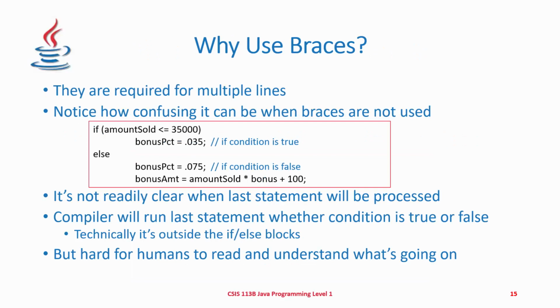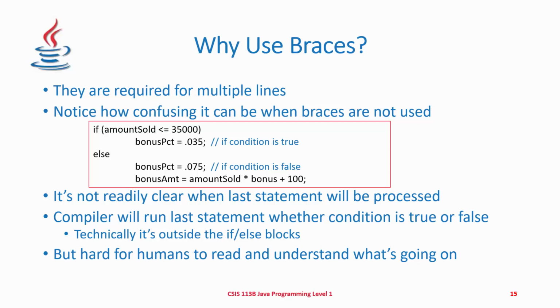Why use braces? Well, they are required for multiple statements. The example you can see will demonstrate to you how confusing it can be when the braces aren't used. So when you take a look at it, it could read: if amount sold is less than or equal to 35,000, if that's true, then go ahead and output the bonus percentage as 0.035, else output the bonus percentage as 0.075.